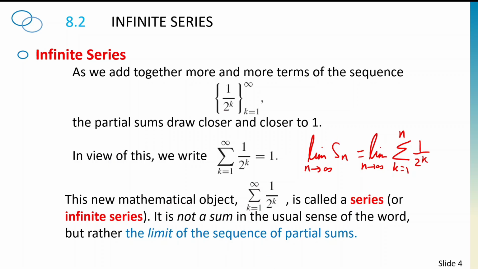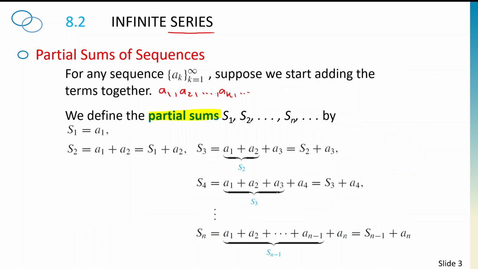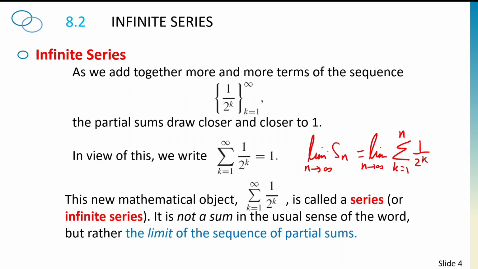So this is Sn, the summation that we found already in the previous slide. We add up from 1 to n, and then we take the limit of this summation as n approaches infinity of 1 over 2 to the power of k. We'll see later that this will be equal to 1. It's coming. Now, this is what we call a series or infinite series.